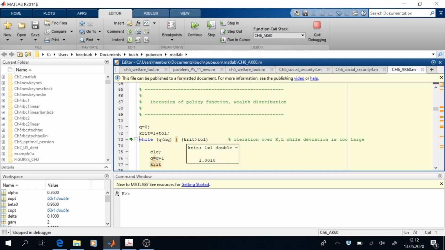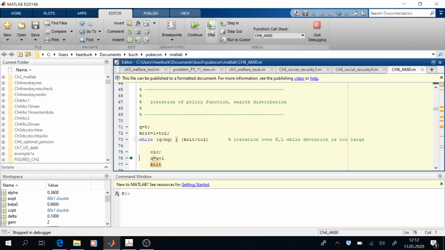And of course, we have initialized this criterion with a value that's above the tolerance that we are asking for. So we do this iteration either until we hit the maximum number of iterations 30, or until the percentage deviation of the newfound aggregate capital stock is below 0.1%.